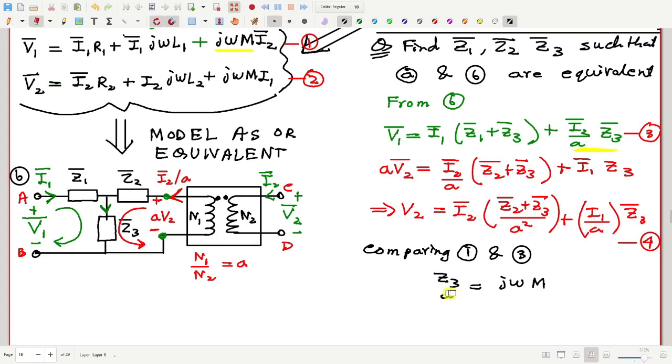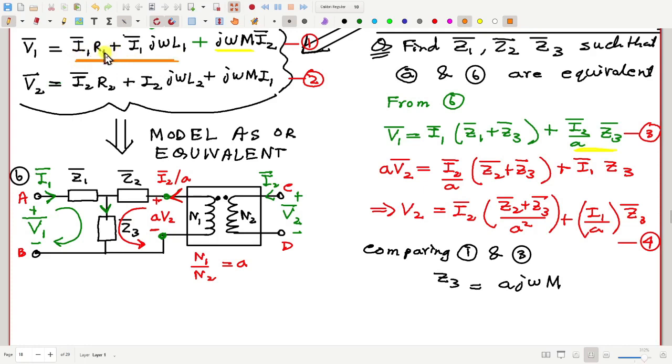Let me just take this A on this side, A j omega M. Okay, so that is one thing we get. Next, can we similarly find out the values of Z1 and Z2? Consider equation 1 and the coefficient of I1.